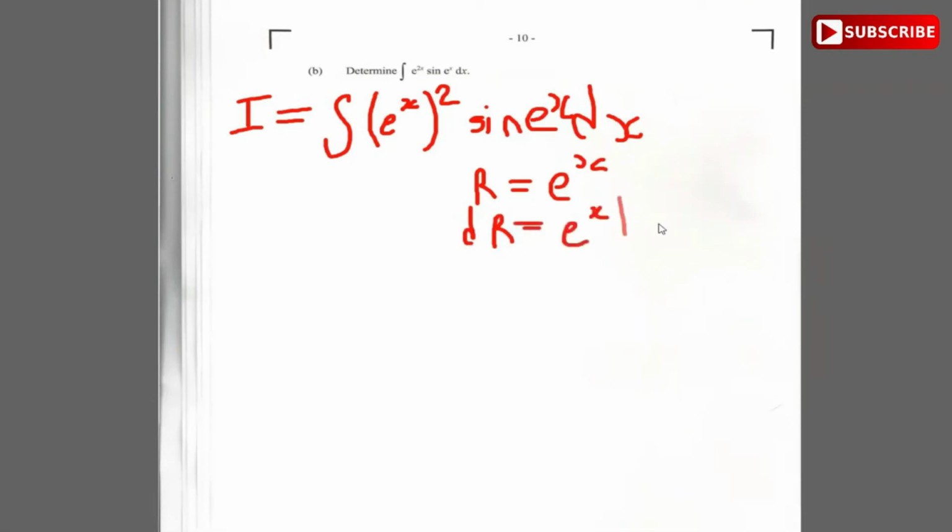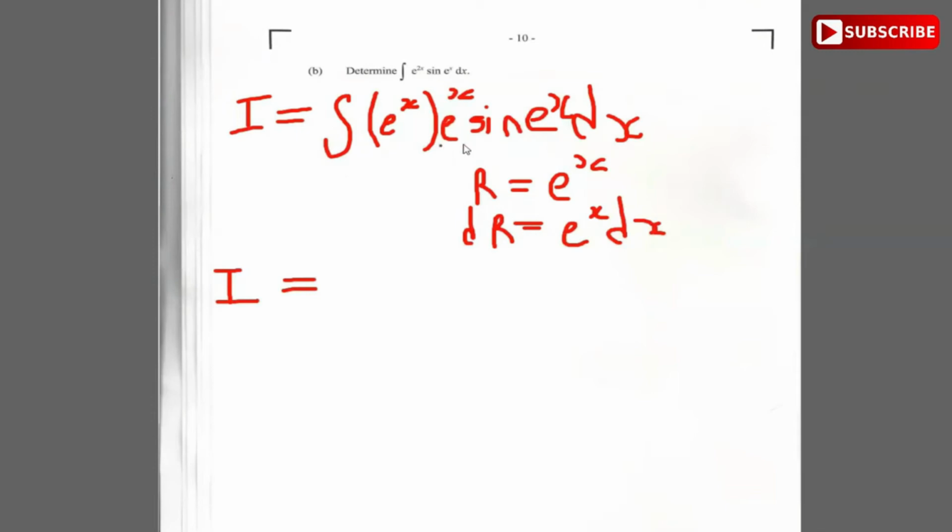So what does that mean? That means this integral I works out to be e to the x squared, which can be written as e to the x times e to the x.